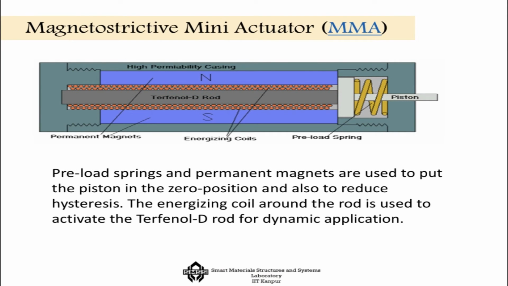One of the very common magnetostrictive actuators is called the magnetostrictive mini actuator. If you look at it, you can see there is a Terfenol-D rod sitting inside, then there are these magnetization coils and a set of permanent magnets. Because the permanent magnet is already biasing it, the moment I apply an external magnetic field, depending on its direction, this Terfenol-D rod will expand or contract, and as a result this piston will move forward and backward.